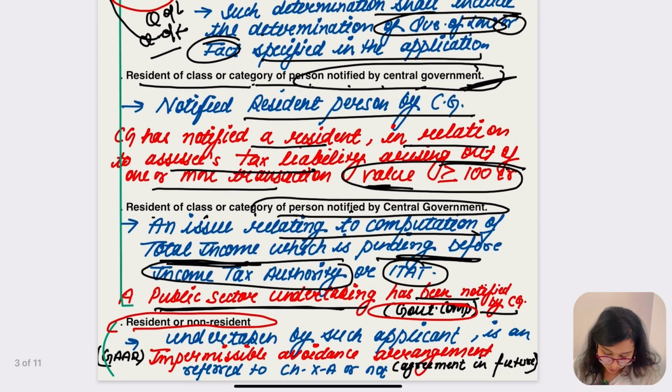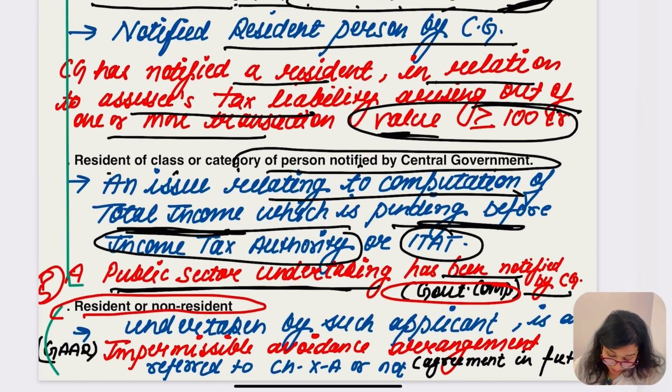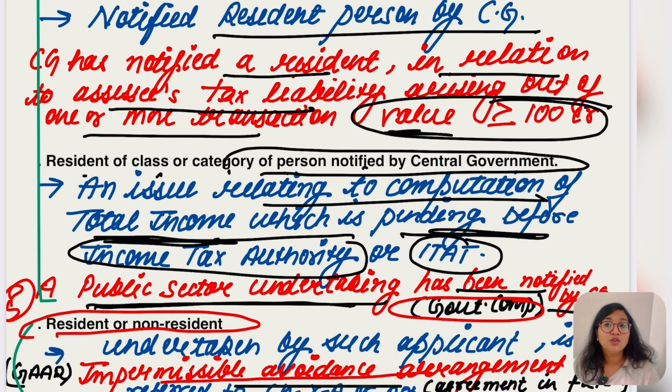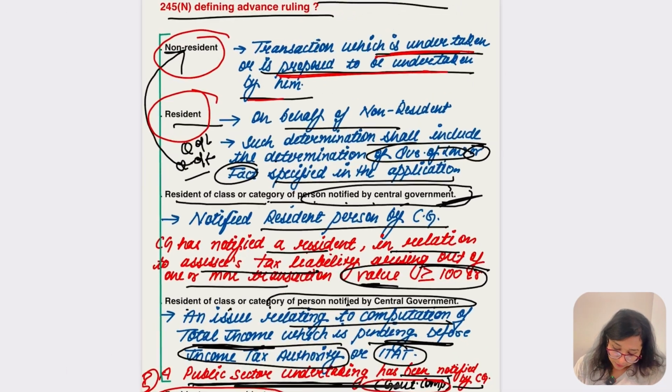But in the fifth point, we are talking about a transaction by such applicant that is going to happen in future. They just want to ask whether this transaction comes under an impermissible avoidance arrangement as per Chapter X-A or not. The transaction is going to happen in future, and the resident or non-resident wants to clarify whether the transaction comes under the imposition of GAAR or not. Is it clear?